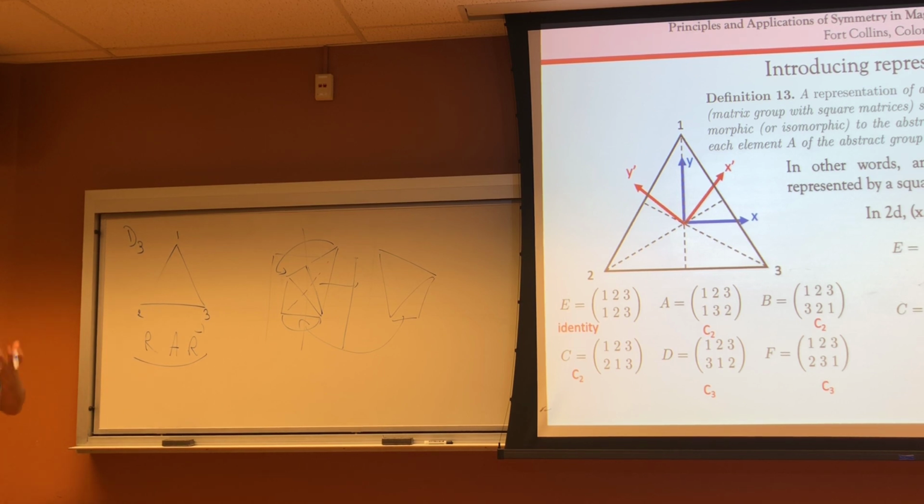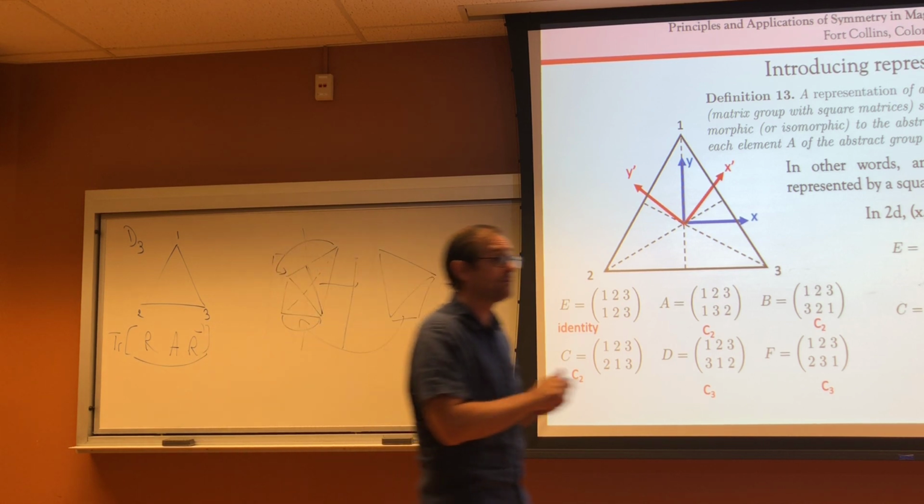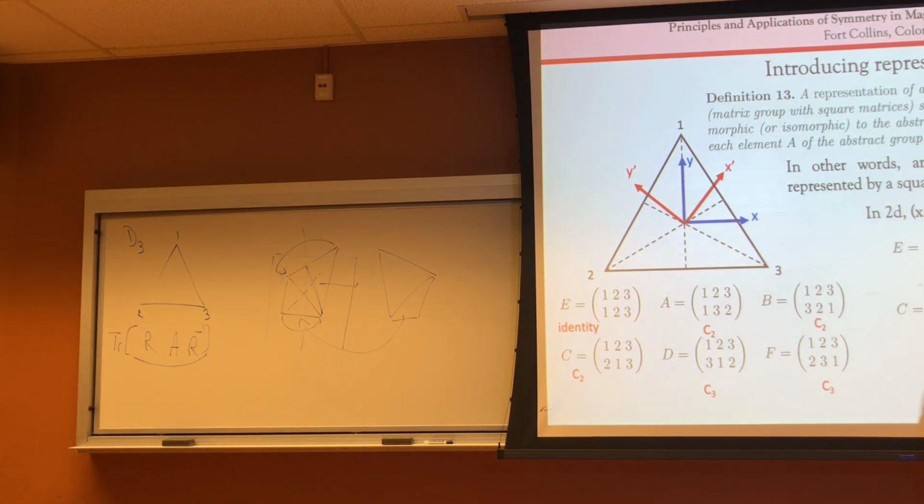Now, of course, this is not unique, but the trace is unique, because the trace of that is the same as the trace of A. And that is super important. So the small characters that you have in the table are the traces of the matrix representation.